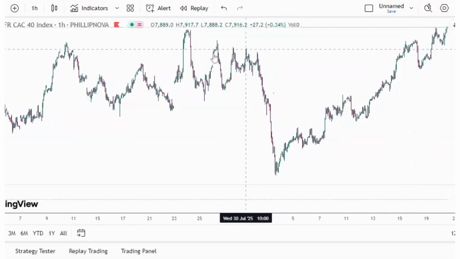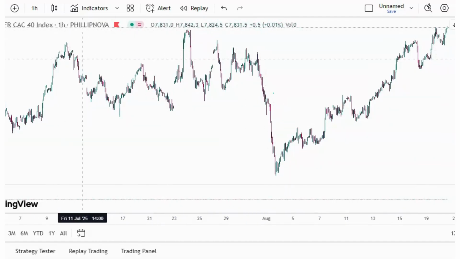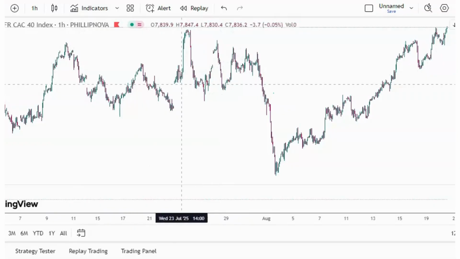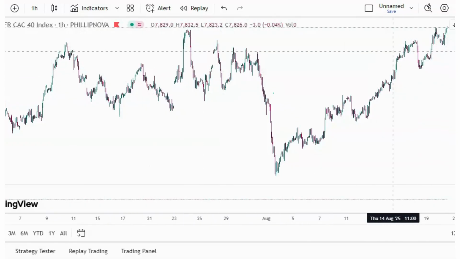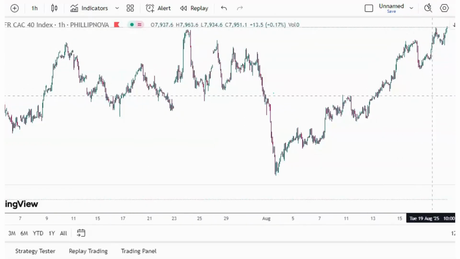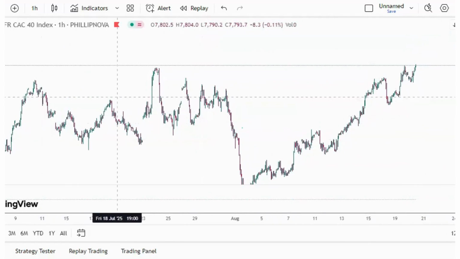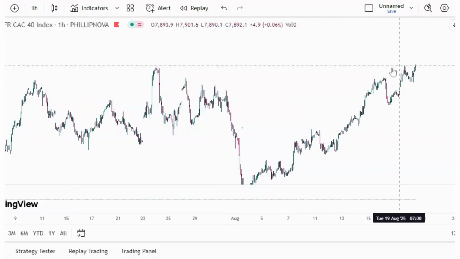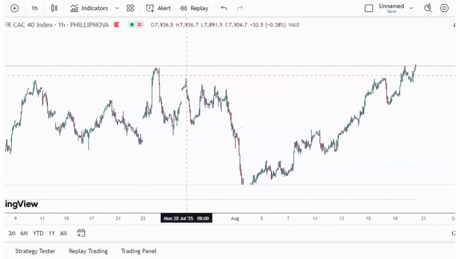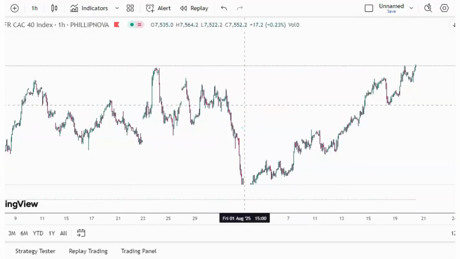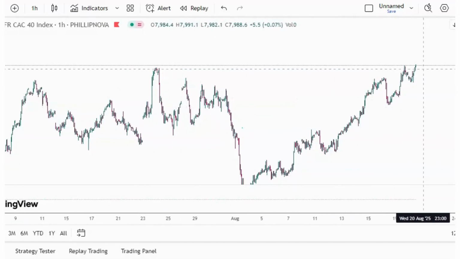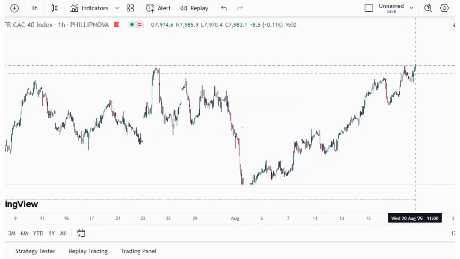Now the price went upwards. If it crossed over the previous resistance here, it's possible that it's going to go to higher and higher levels. So do you see how easy and simple it is? If the price went smoothly through this resistance, it's a good sign that the price is going to go higher and higher.